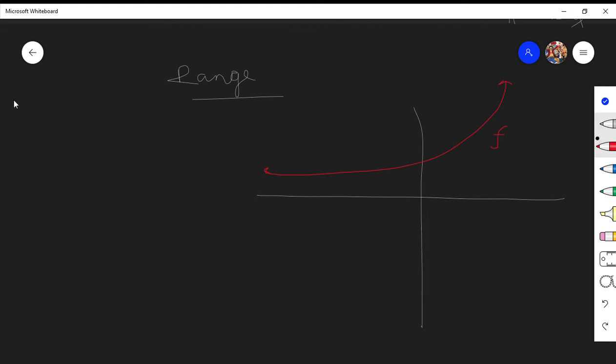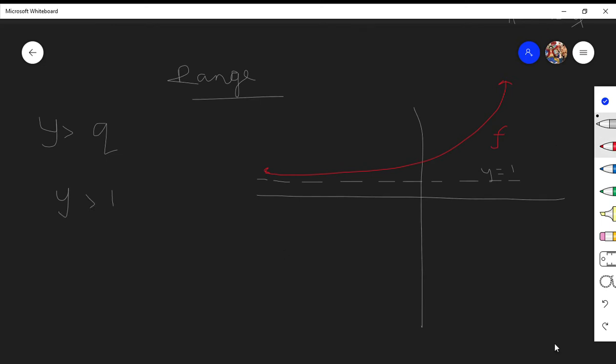Our range is actually y greater than q, because remember, q is our horizontal asymptote. So for example, if our horizontal asymptote is y is equal to 1, our range would then be y greater than 1.